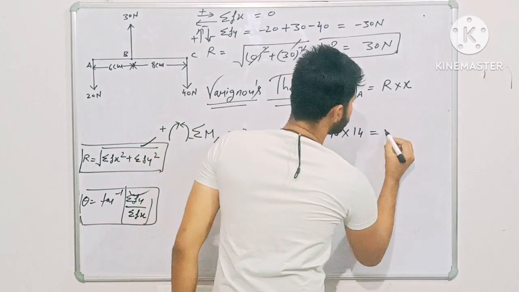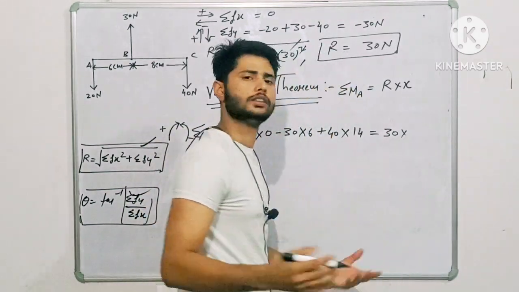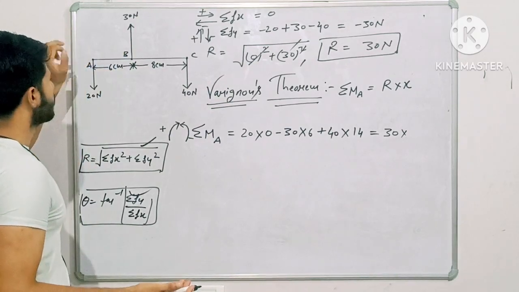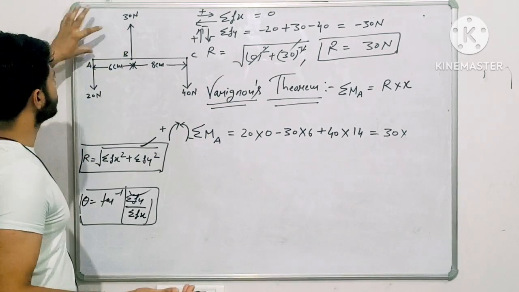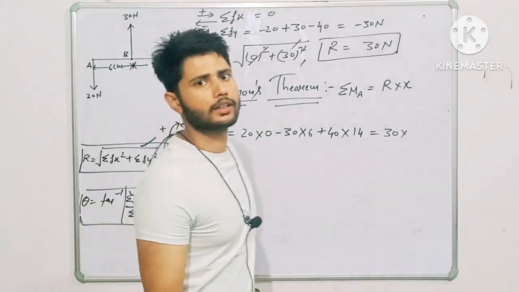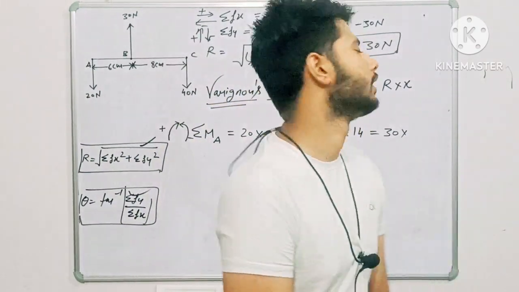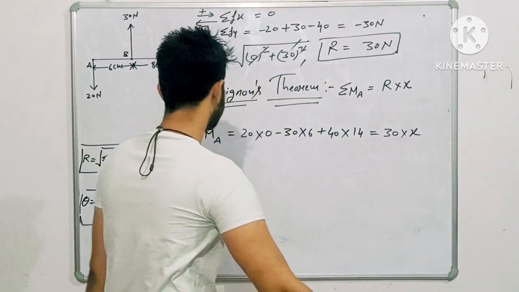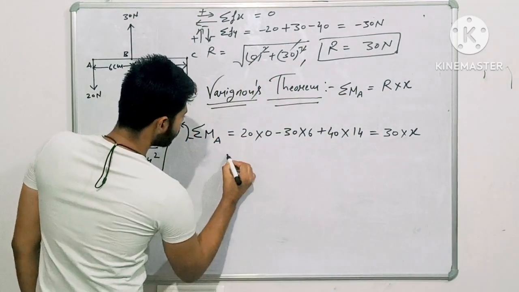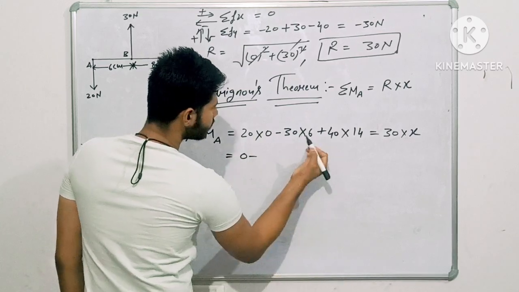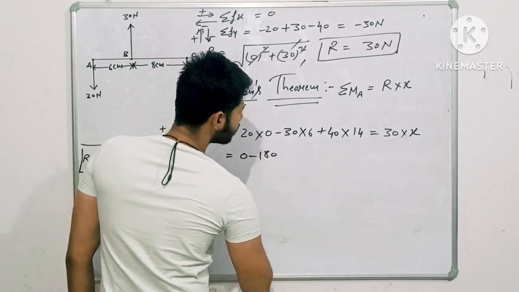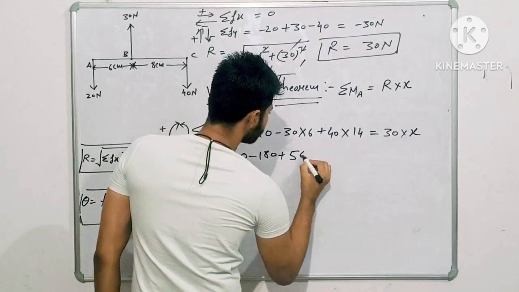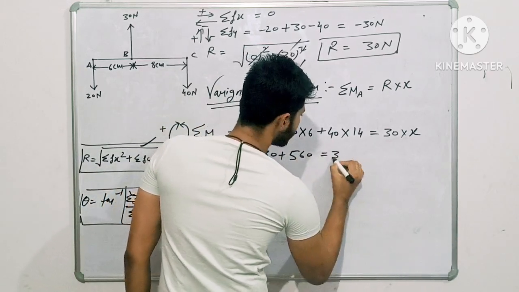That will be equal to our resultant 30 multiplied by the same perpendicular distance from point A, so we can find the position directly, multiplied by x. So we have to solve this: 0 minus 180 plus 560 is equal to 30x.